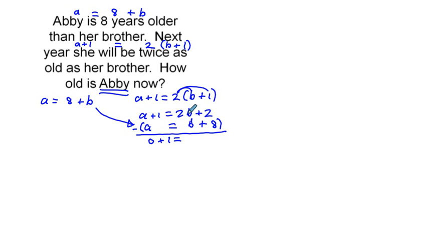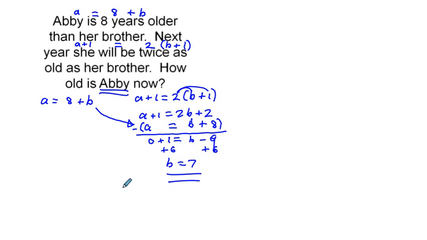And on the right side we have 2B minus B, which is going to be B. And then we have 2 minus 8, which is going to be negative 6. And now we're going to be able to solve for B, and we get B by adding 6 to both sides of this equation. So we have B is equal to 7.